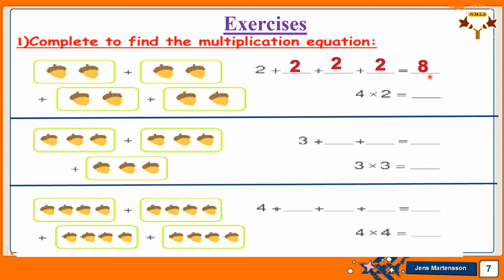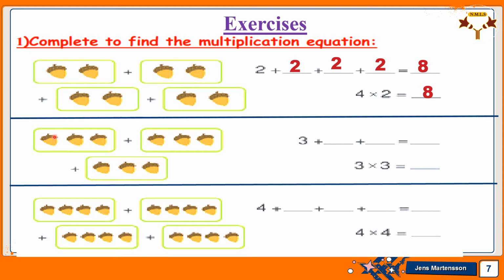Yes. And we can represent it as how many groups here? 1, 2, 3, 4. So we have 4 groups. In each group we have how many items? 2. So 4 times 2 equals what also? Equals 8.